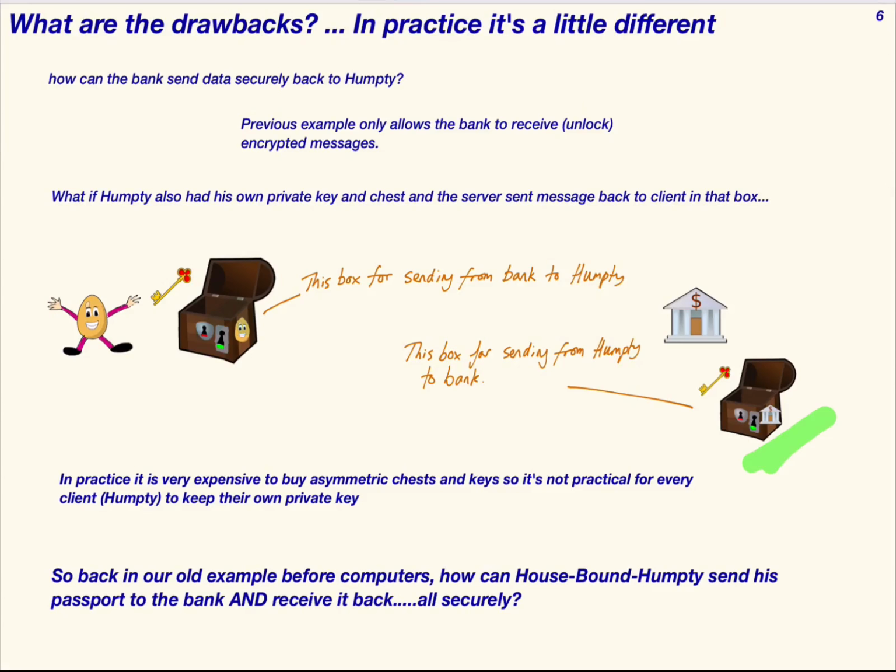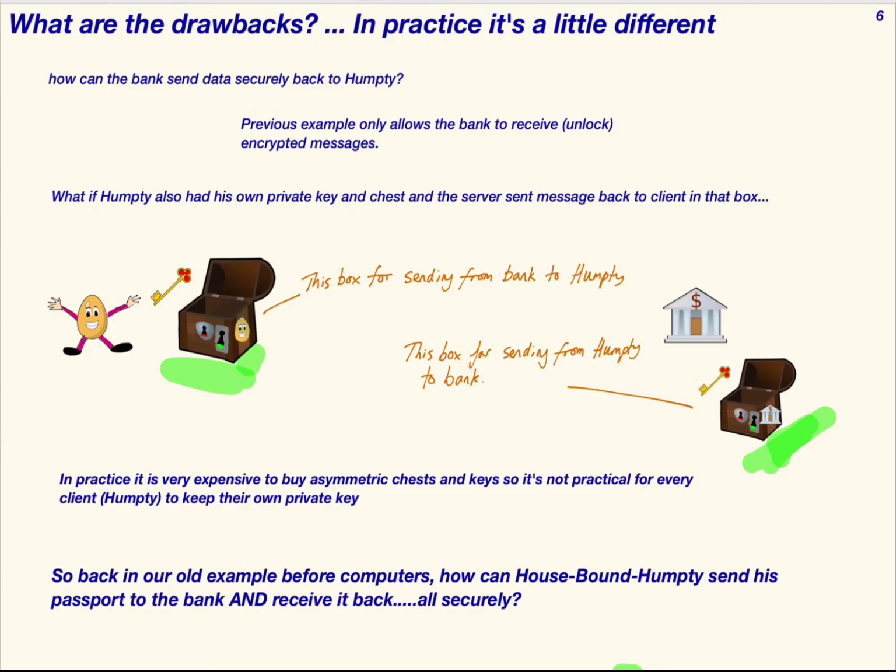So we could say, okay, why doesn't Humpty just buy his own locked chest? I've drawn Humpty's little face on the side of that one, in addition to the bank's one, so Humpty can use this chest for receiving from the bank, and the bank can use this chest for receiving from Humpty.